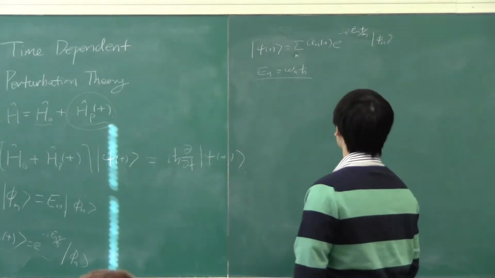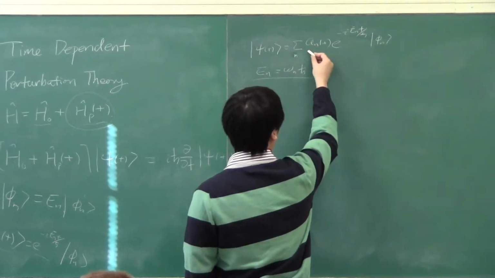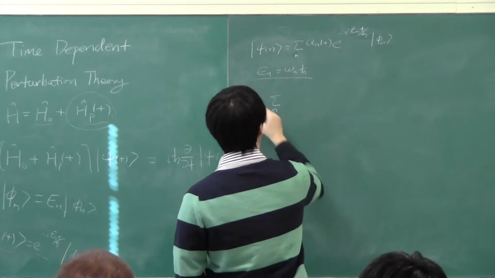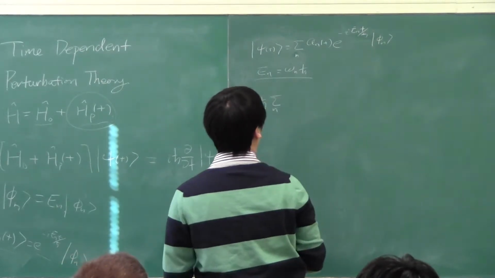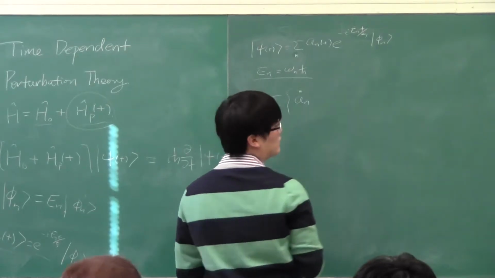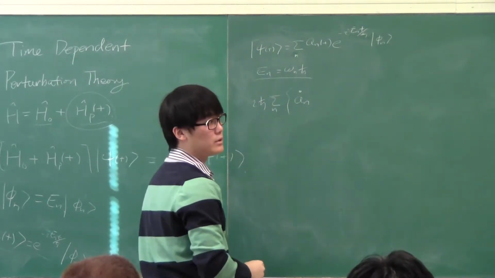When I take the derivative, it's going to act on this term and this term, right? So times the i h bar here, and I'm still going to use dot for the time derivative.